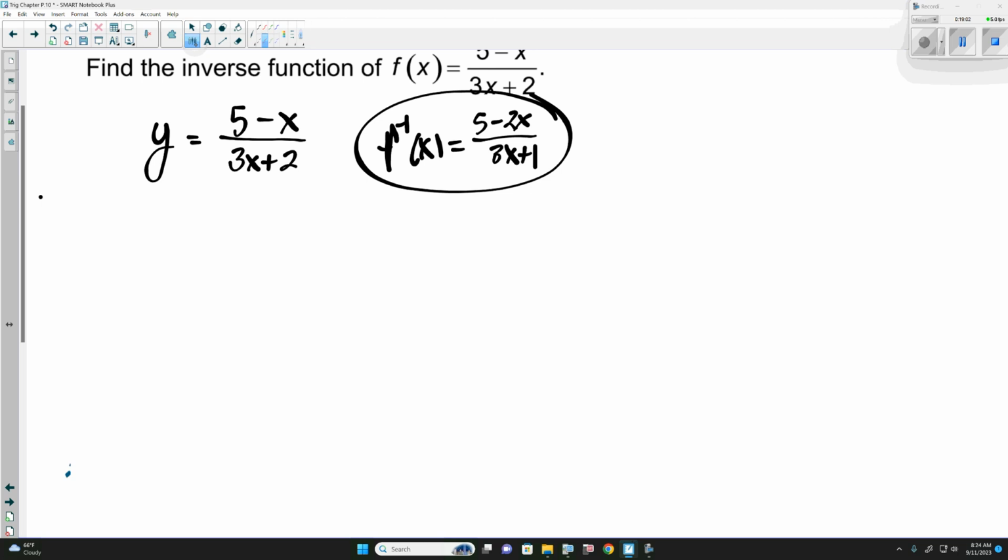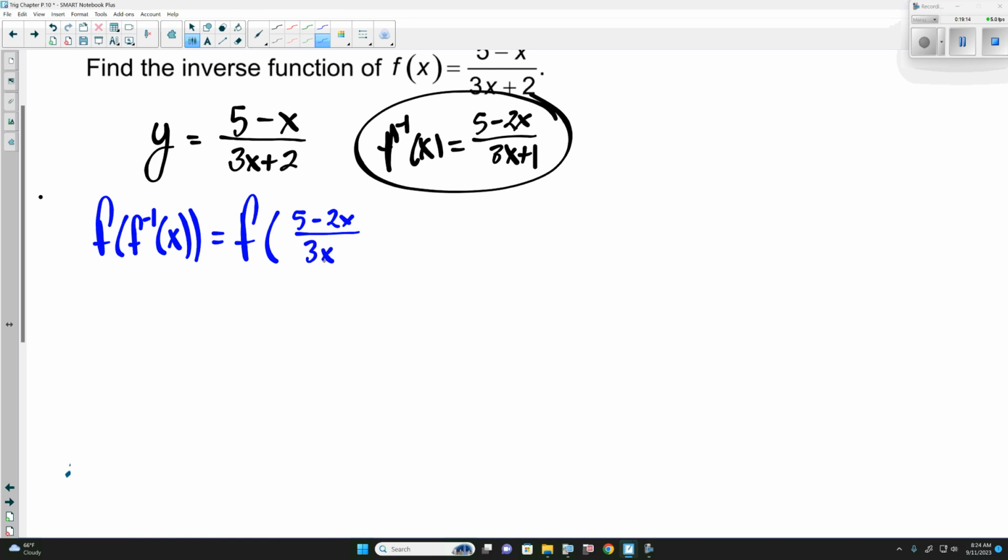Because we can take the inverses and see f of f inverse of x would be f of 5 minus 2x over 3x plus 1. Which at this point we're saying, okay, I don't see how this is overly complicated.